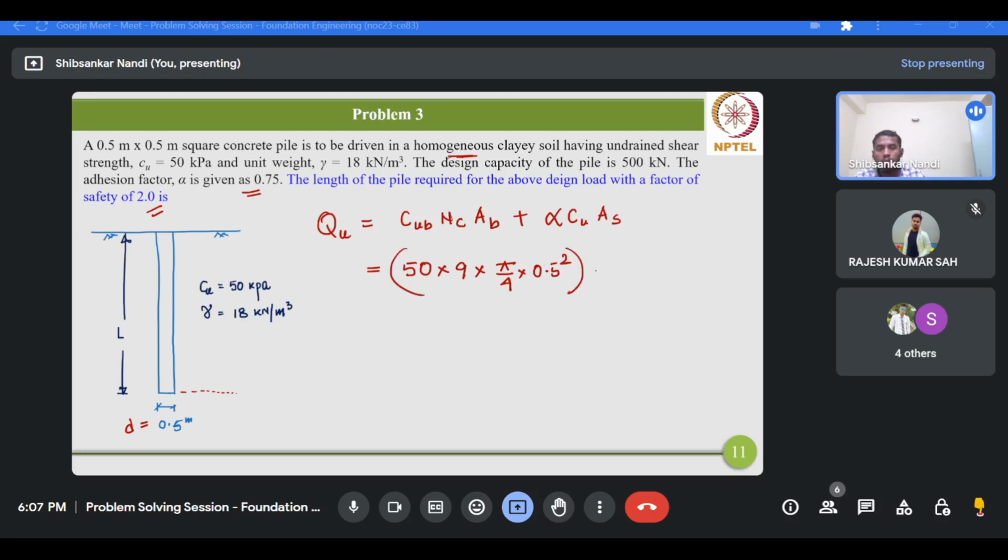This is the tip resistance. Coming to the skin friction resistance, this is alpha, that is 0.75, times C_u, 50, times A_s. So A_s is pi D L, where D is 0.5, but the value for L we don't know, and that is the objective of this problem that we have to determine.